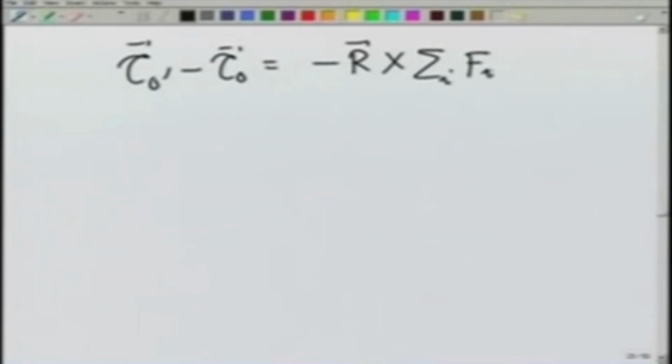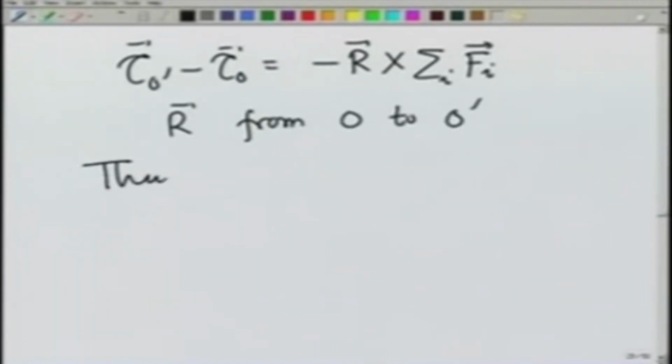So, let us write this again, tau O prime minus tau O is equal to minus R crossed summation i F_i. R is a vector from O to O prime.